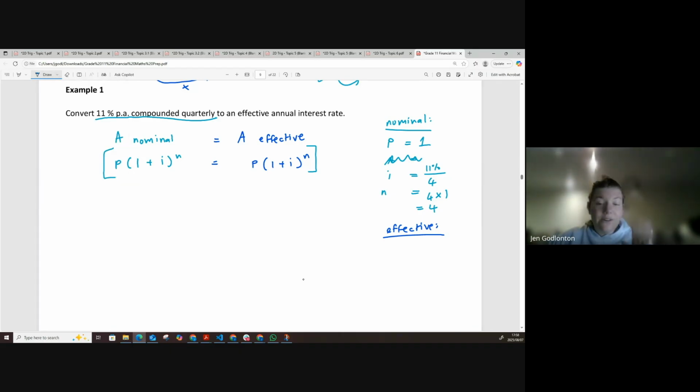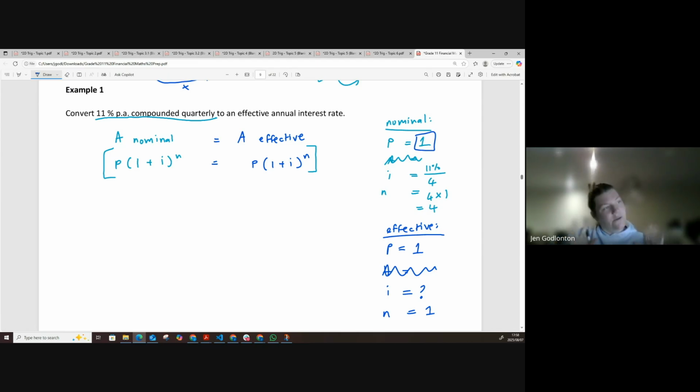Then if we look at our effective situation, so again, we've got P, A, I, and N. We've already said that it's for 1 year. So our N is 1. We said our P has to be the same. So if my P was 1 over there, my P is going to be 1 over here. My interest rate, I don't know. And my A, I don't need to know because I'm just saying that they are equal to each other.